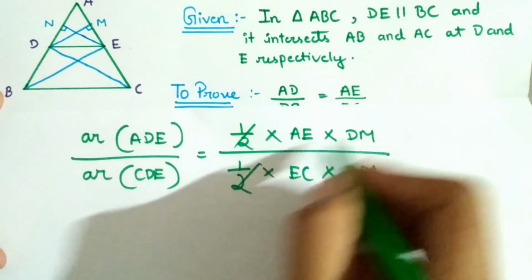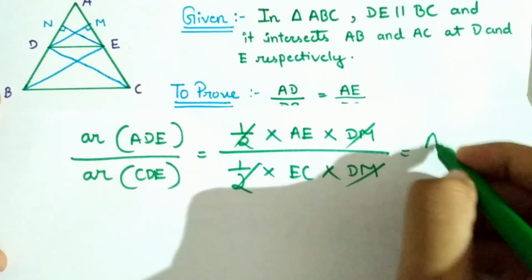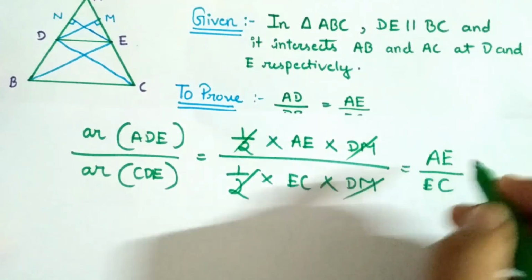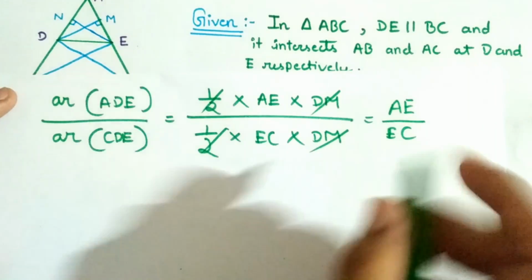Now you cancel this, and this is equal to AE by EC, and now mark it as 2.